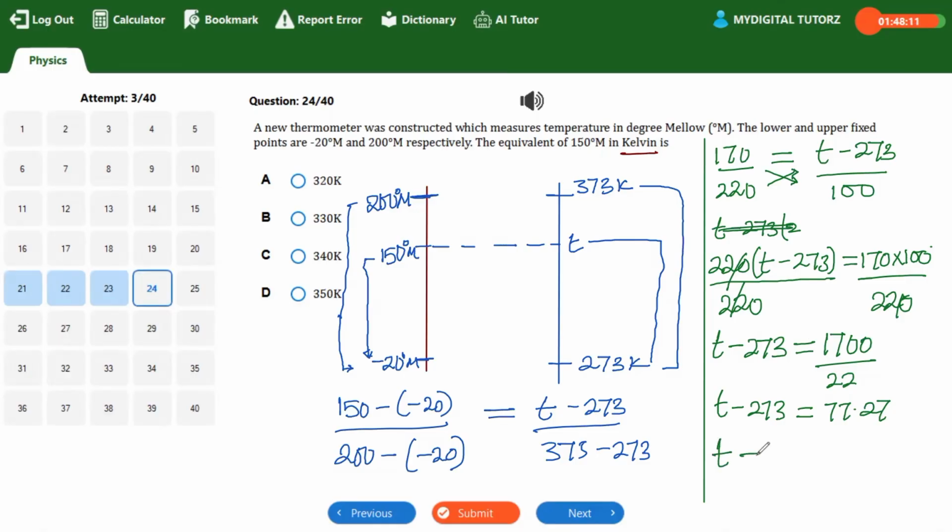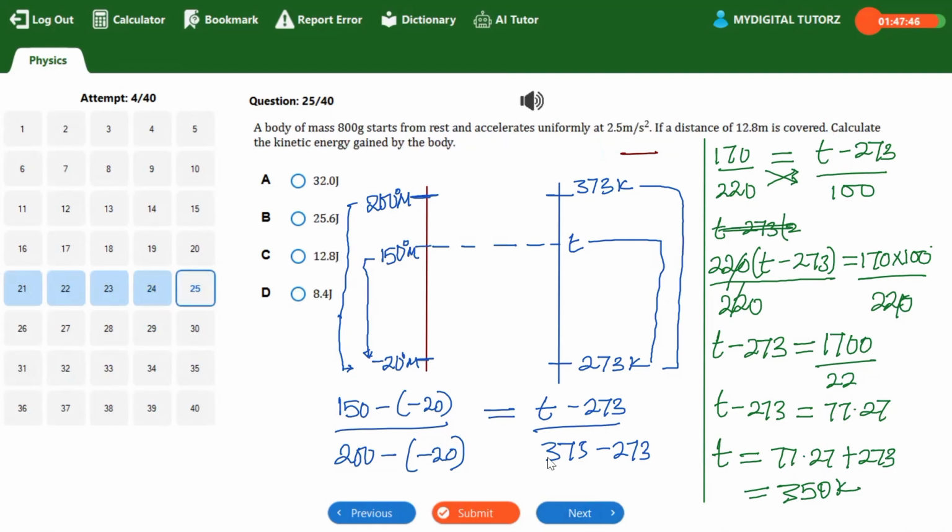Therefore, t will now be equal to 77.27 plus 273. When you add that, it will give us 350 Kelvin. That's option D. I hope this is understood.